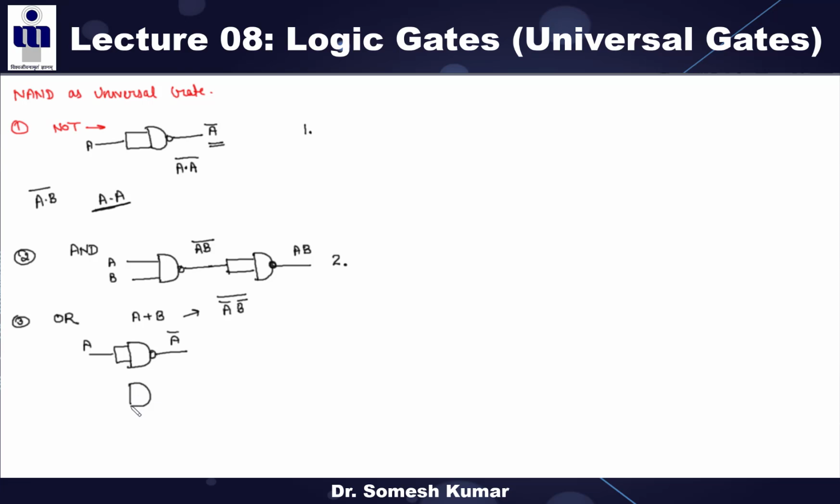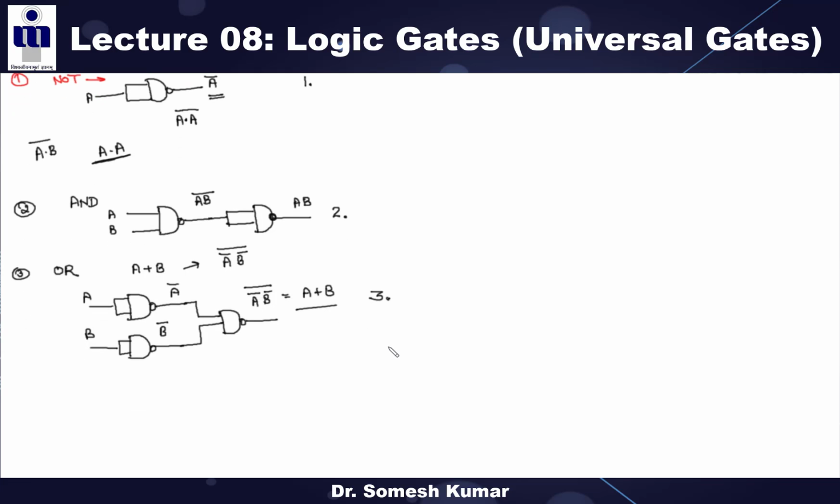What is B bar? This is your B bar. And what is this next? A plus B, right? So how many gates are needed for this? Three. Three NAND gates are needed to design this OR gate.